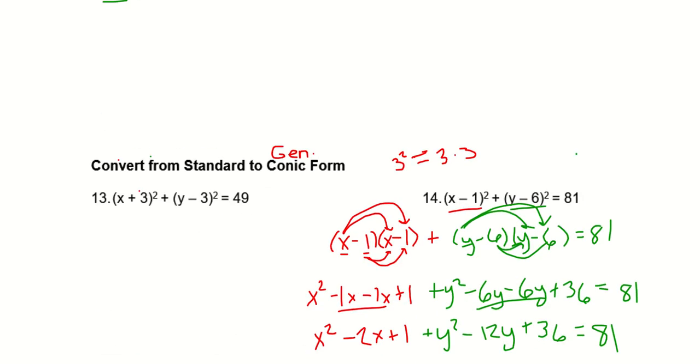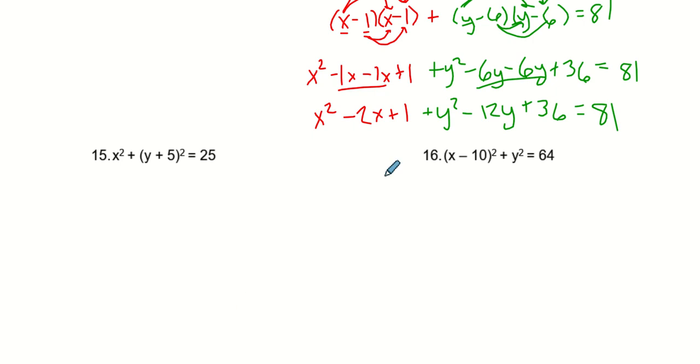So I'm going to come over here, and you can kind of ignore this for right now. I have x squared, y squared, x, y, and then constant.